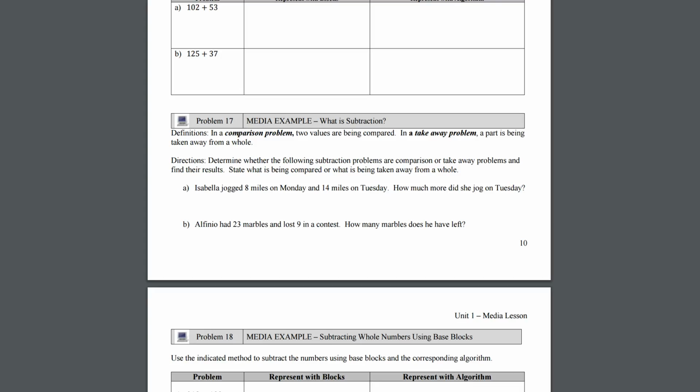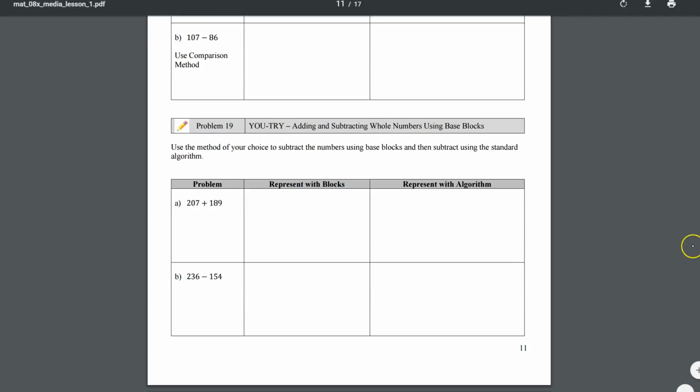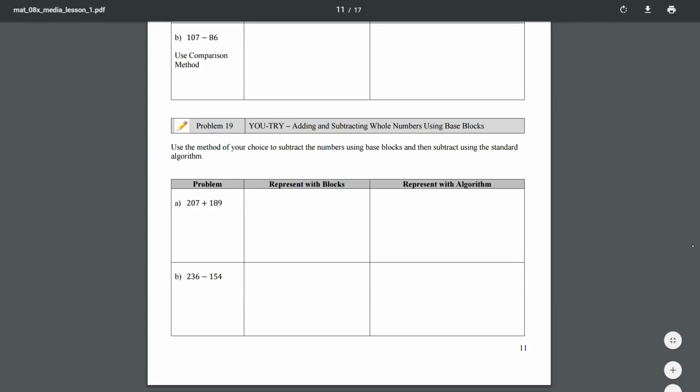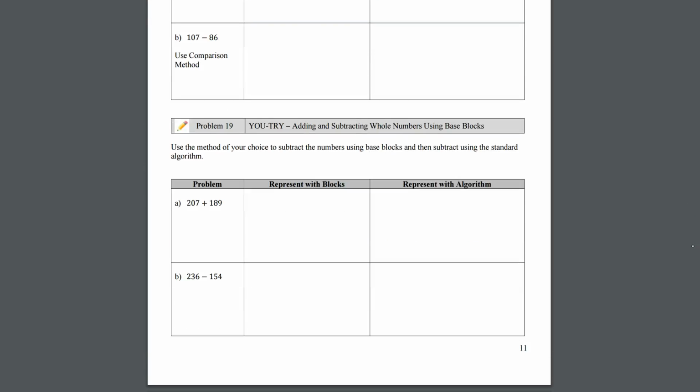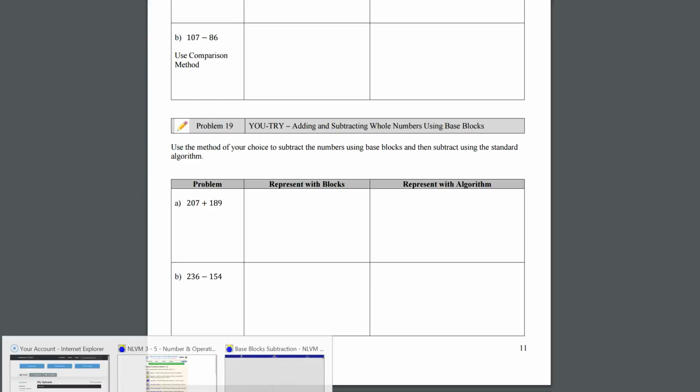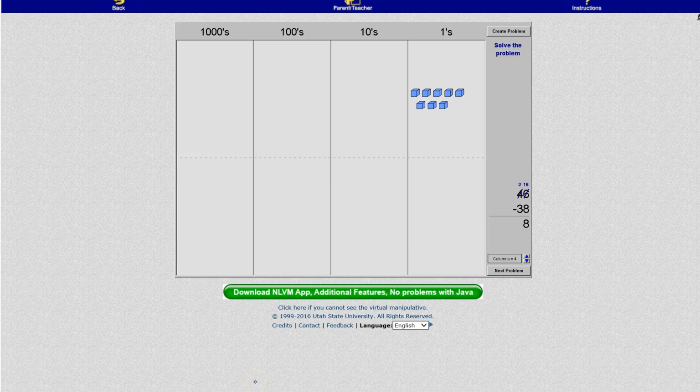So make sure to give them multiple contexts and to use both the takeaway method and the comparison method with the base blocks. I actually didn't do the comparison method with base blocks. Okay, so with the comparison method, you may think, so what would I add on to this to get this?